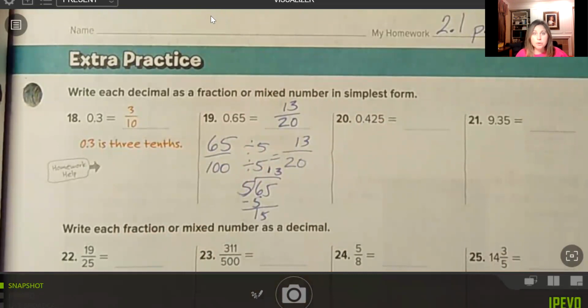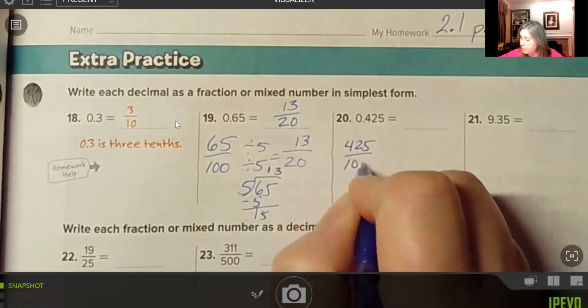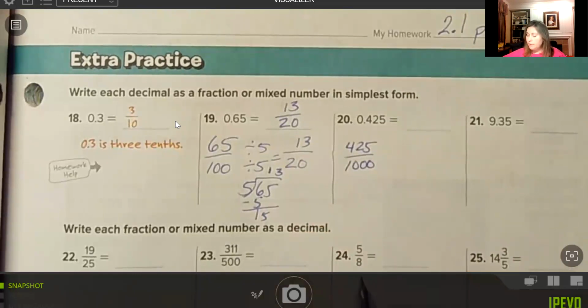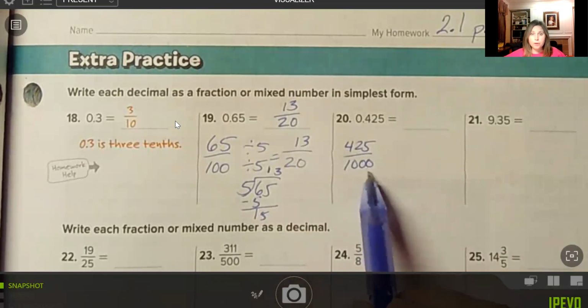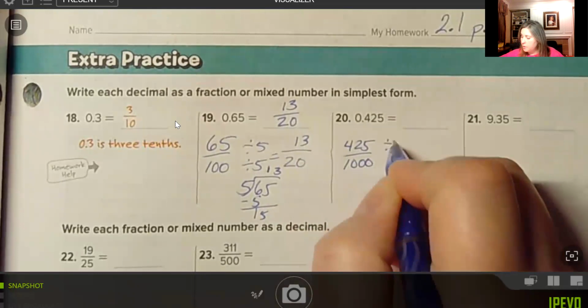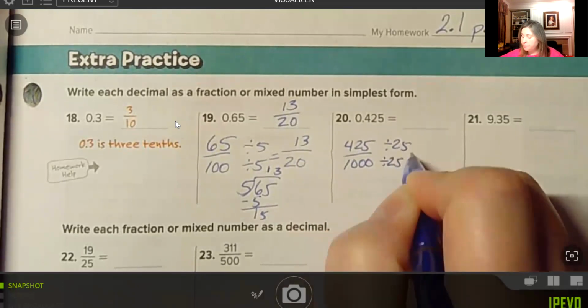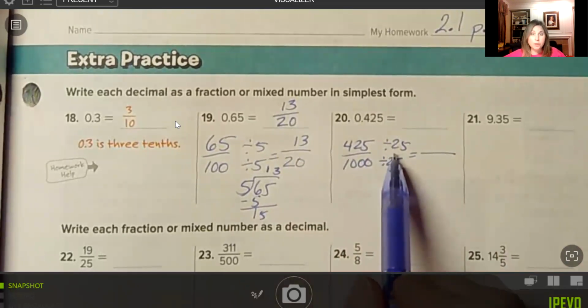Okay, looking at number 20, we have 0.425, 425 thousandths. So we want to write that as a fraction. Anything that ends in a 25 is divisible by 25. And we obviously know that 25 goes into 100, so it'll go into 1,000. So we can divide the numerator and the denominator by 25. 25 goes into 100 4 times, so it would go into 400 16 times.